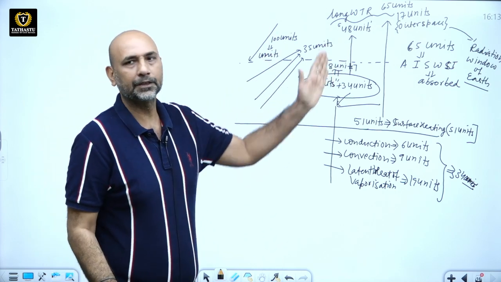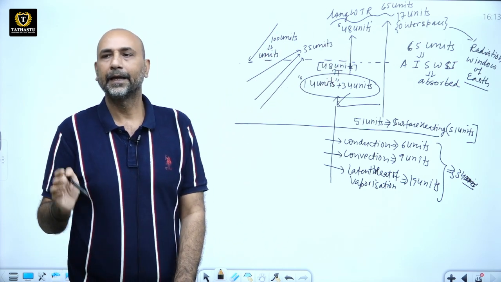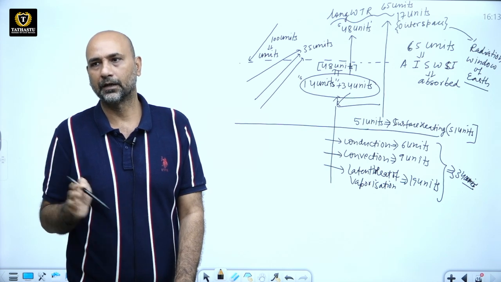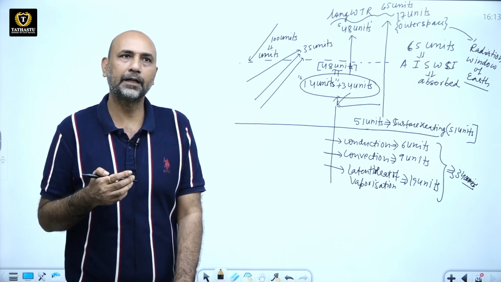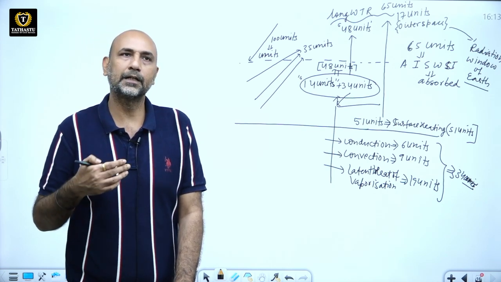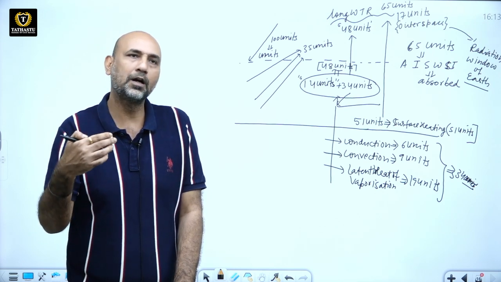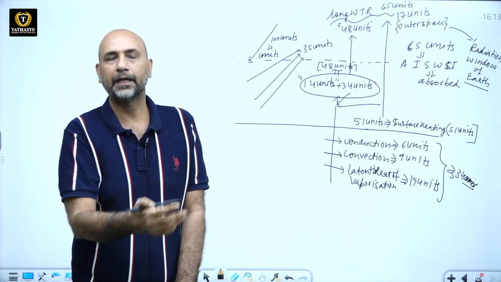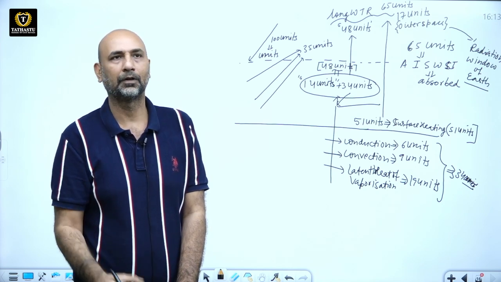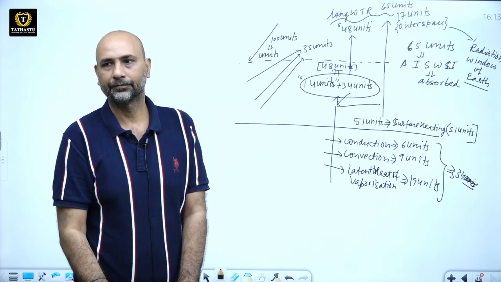This way balance is maintained. This is described as the annual heat budget of the Earth. It means the inflowing energy from Sun to Earth is equal to the outflowing energy from Earth to outer space in a given duration of time, that is annual, that is 1 year.